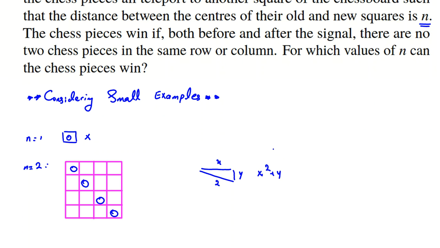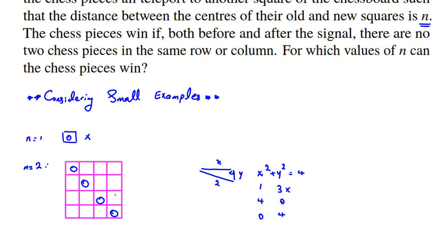Because x squared plus y squared is 4, by the Pythagorean theorem, we can see that an oblique move is not possible. If x is 1, y squared will be 3, which is bad. If x is 2, 2 squared is 4, so y will be 0. So it is 0, 4, or 4, 0: they are vertical and horizontal, and we don't have any oblique case.